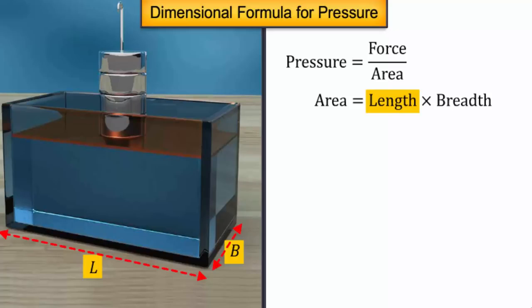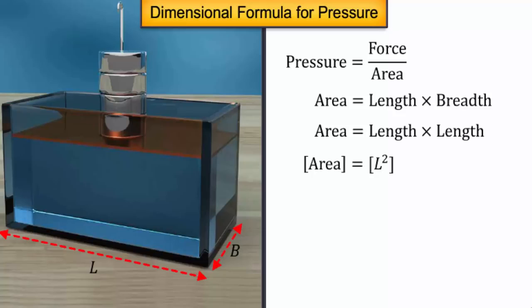Thus, area can be expressed as length squared, and hence its dimensional formula is L^2. We know that the dimensional formula of force is M L T^-2. Now, the dimensional formula of pressure is obtained as shown.